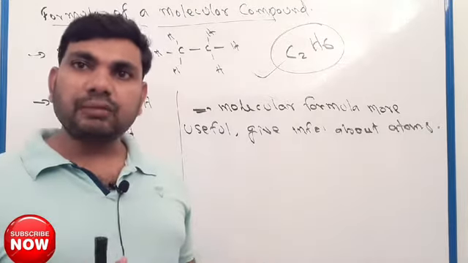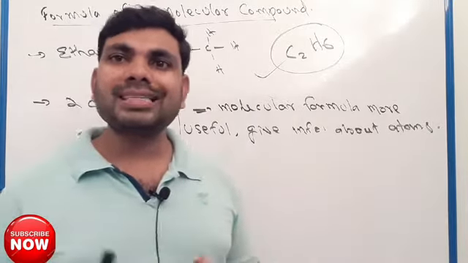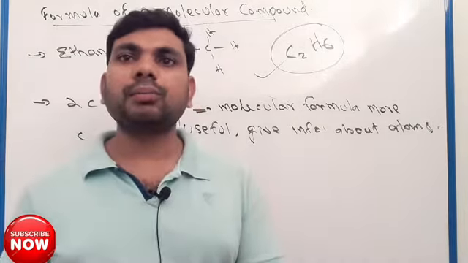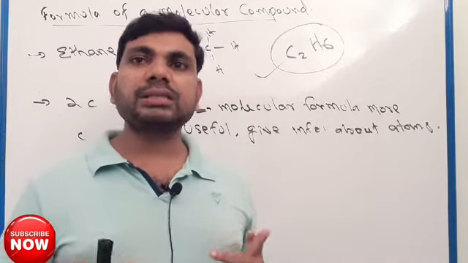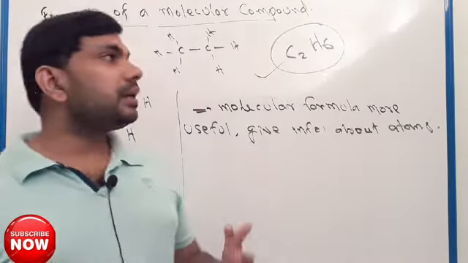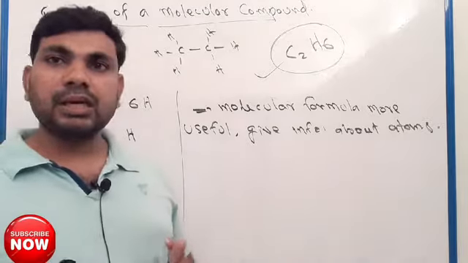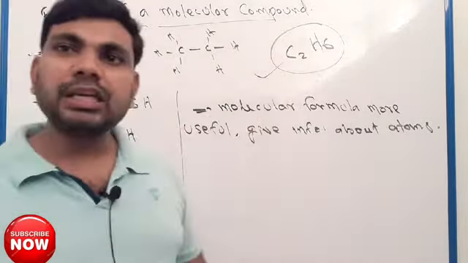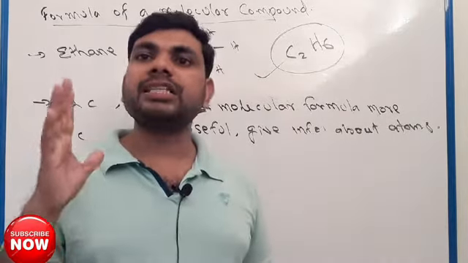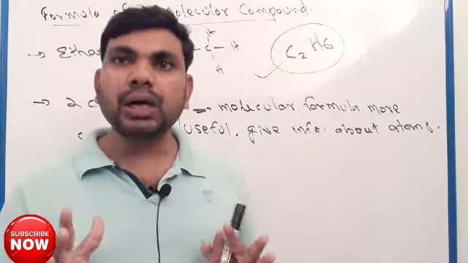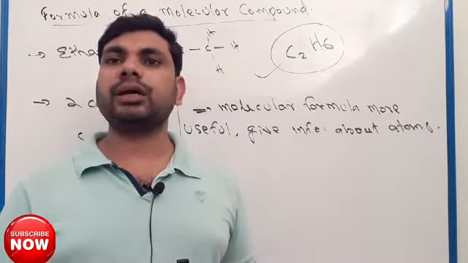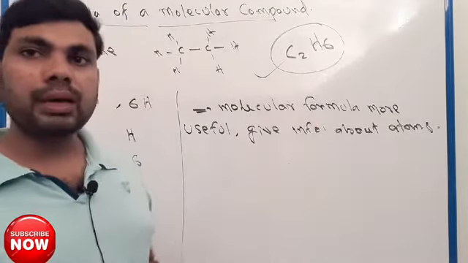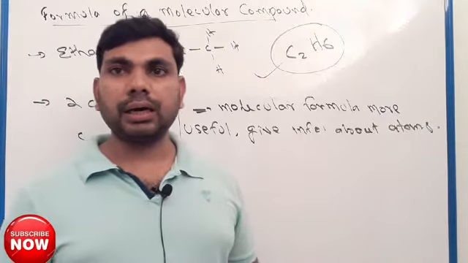Okay, so this final formula or molecular formula is better than the empirical formula because it gives us more information about the different atoms present. Here the final formula of ethane, C2H6, means it contains only 2 carbon and only 6 hydrogen. That is the final formula or molecular formula.